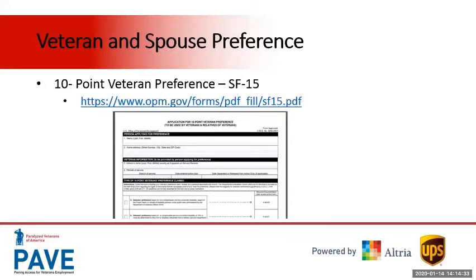You have to provide your DD-214 and the required documentation they're asking for, so that when you apply for the job, they know why you're getting the 10-point veteran preference. This is the SF-15 form that you'll have to fill out, and I link it there as well to give you an example of what it looks like. Again, this presentation will be saved at the end, so you'll be able to access it and click on all the hyperlinks.